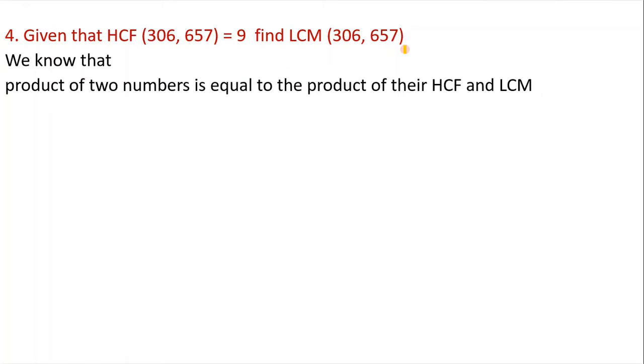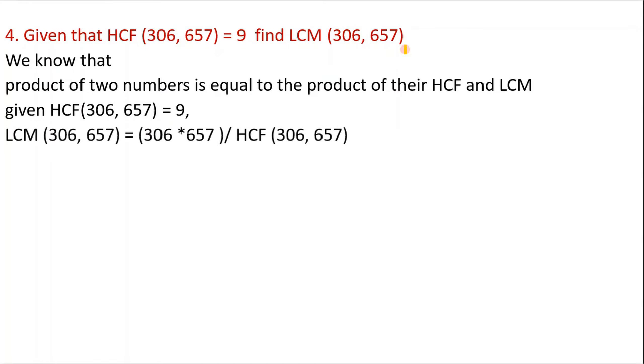The LCM of 306, 657 is equal to the product of the two numbers, 306 into 657, divided by the HCF of the two numbers. This implies 306 into 657 divided by 9, which is equal to 201042 divided by 9, that is 22,338.